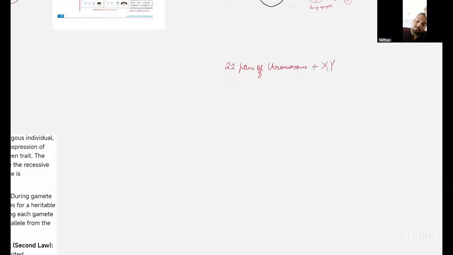This is male. Pair means into 2. So basically how much will it become? 44 plus XY. Got my point?